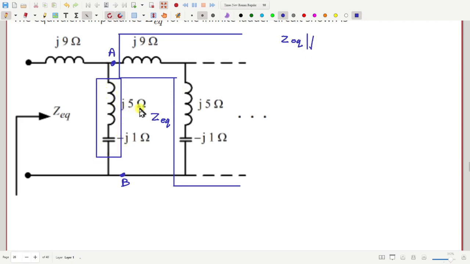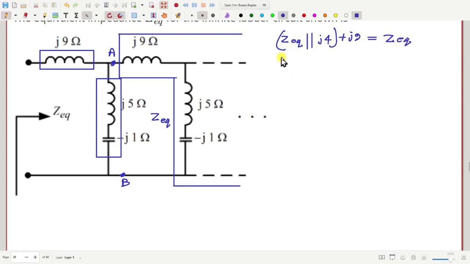So now can we say that ZEQ in parallel with, here we have plus J5 and minus J1, so that means plus J4. So ZEQ parallel J4, and then here we have J9 in series. This should be equal to ZEQ again.